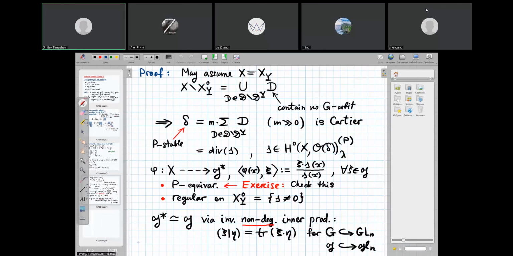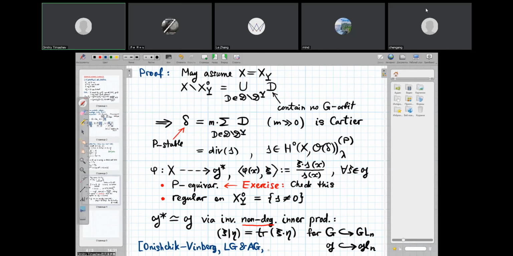For instance, you may look in the book of Onishchik and Vinberg, which I also quoted before, Onishchik and Vinberg. The title is Lie Groups and Algebraic Groups. I gave you a list of references, so this is in this list.